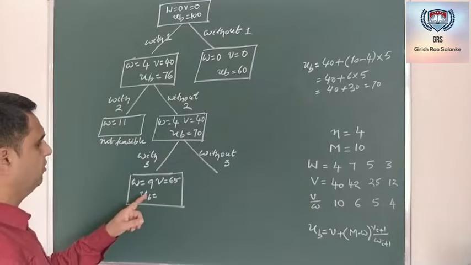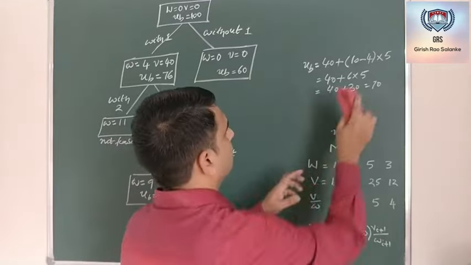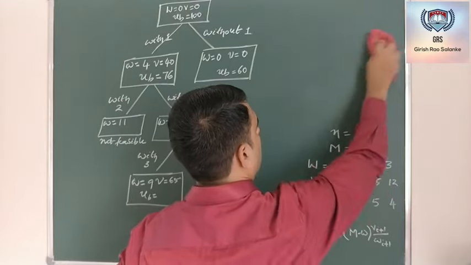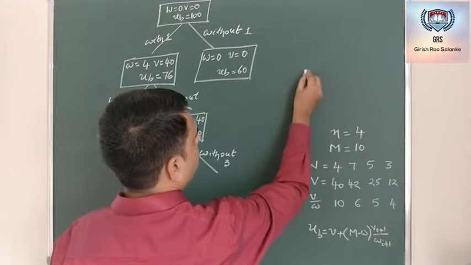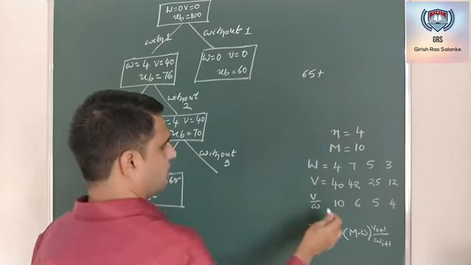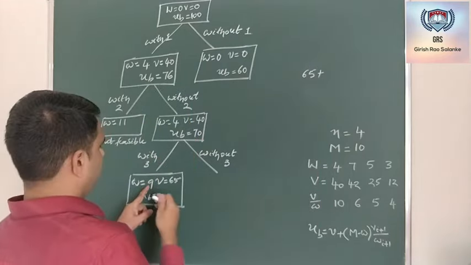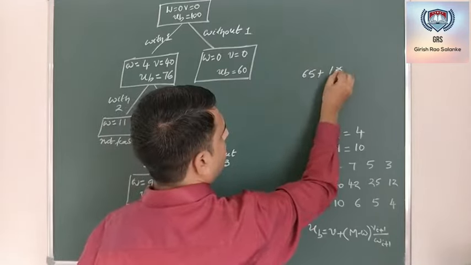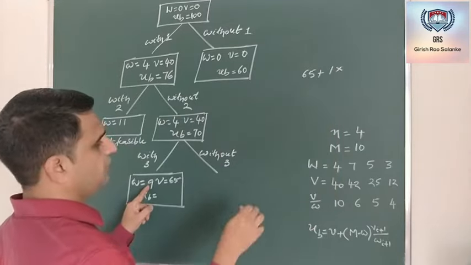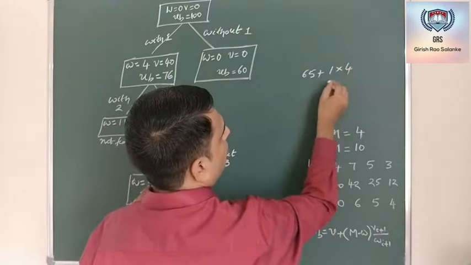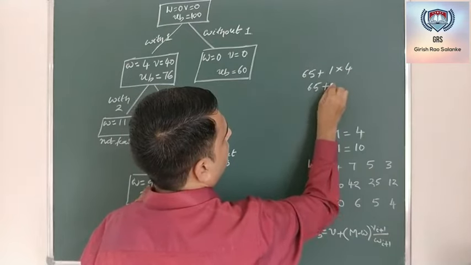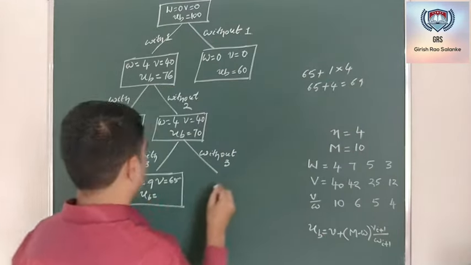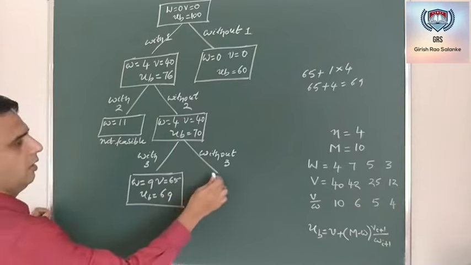V is 65 plus (M minus W). M is 10 minus 9, which is 1, into the profit by weight of the fourth object, which is 4. So 65 plus 4 which is 69. So this is 69.